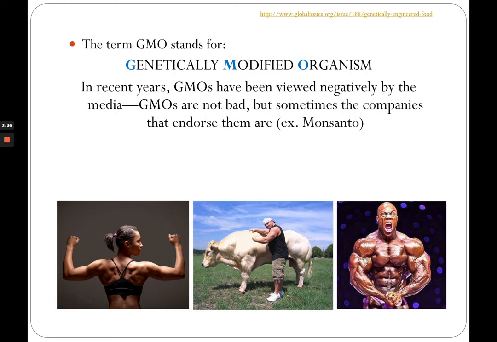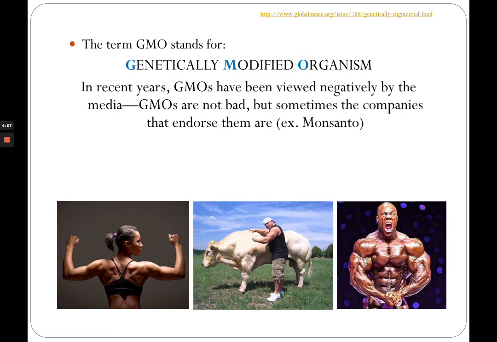Whether they're genetically modified or not, humans have usually viewed GMOs to be extremely negative. In recent years, GMOs have been viewed negatively by the media, but GMOs are not actually bad. Now, sometimes the companies that do endorse GMOs might be questionable in terms of their ethics, their business model, how they run things.